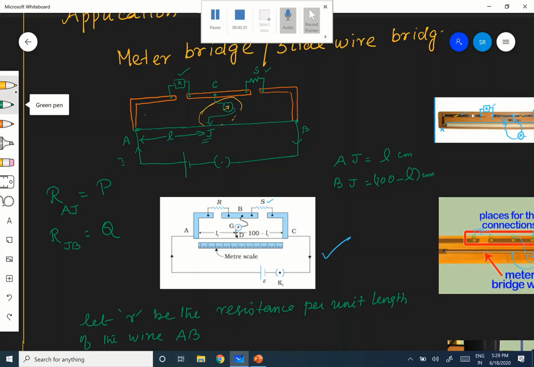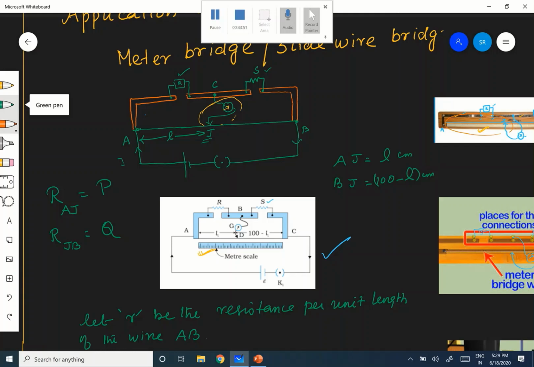And here the wire is attached to a meter scale. Here also you see in this diagram, on the right side. There is a scale attached to AB in the instrument, the device.